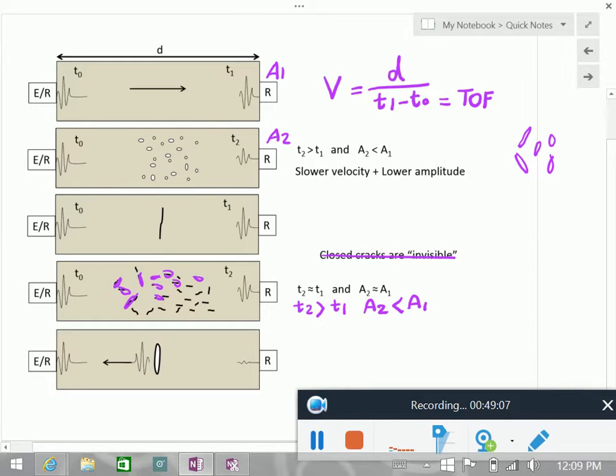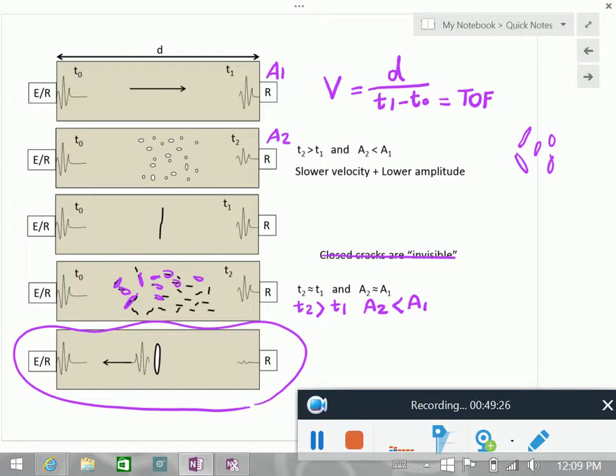So it becomes similar to the pores. If these are closed, these differences become very, very small. We haven't talked about reflection yet, but the non-destructive evaluations that use wave propagation pretty much use these principles. This is the basic principle.